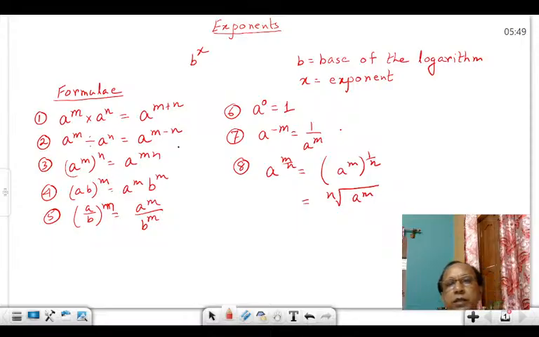These are the formulas you have to remember for finding exponents, or what you call powers. First of all, you know that the base of the logarithm is b and x is the exponent. If you know all these formulas, you can solve any problem. These are the basic formulas for exponents.